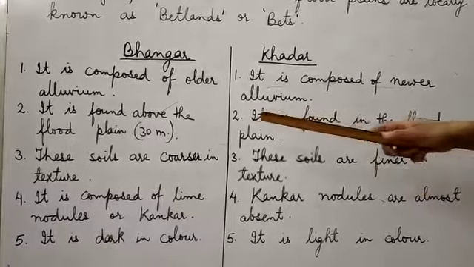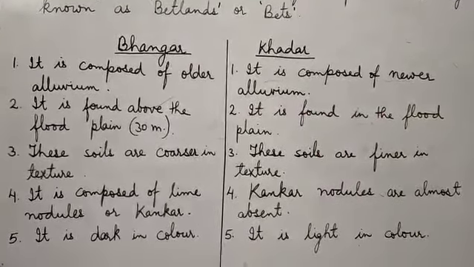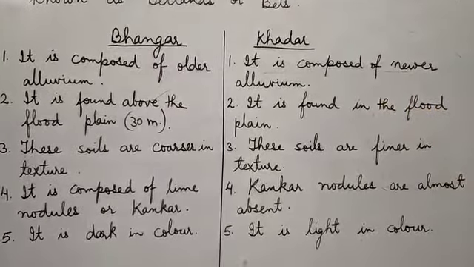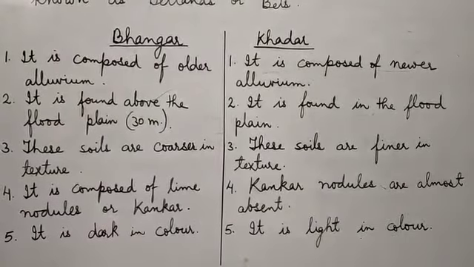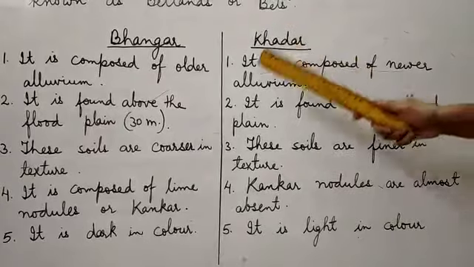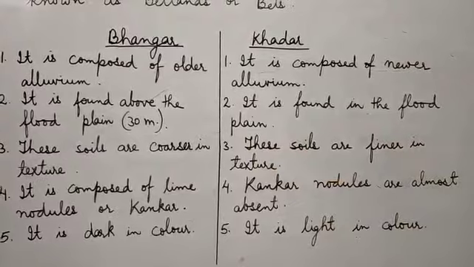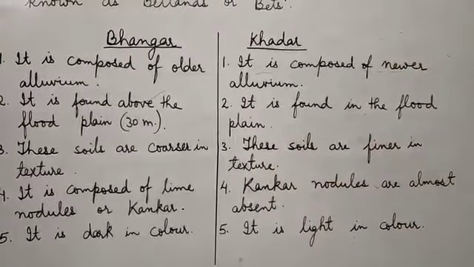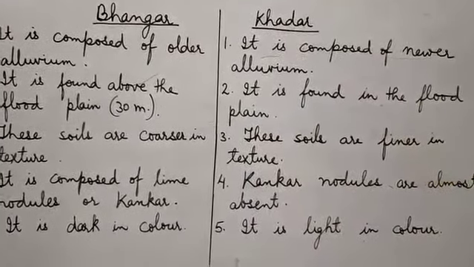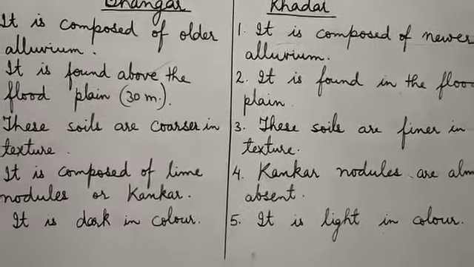Next, Bhangar is found above the floodplain, generally 30 meters above the floodplain. And Khadar is found in the floodplain, and therefore the soil in the Khadar enriches every year due to flood. So Bhangar does not enrich every year, and therefore is coarser in texture, not very fine. And Khadar is very, very fine, as it enriches every year.